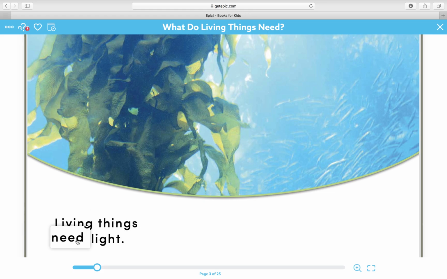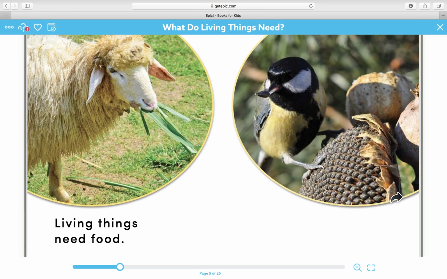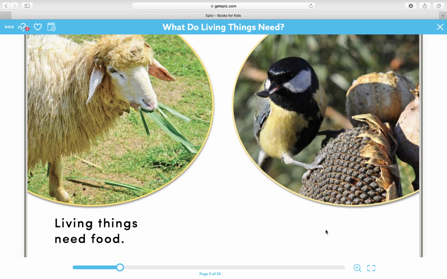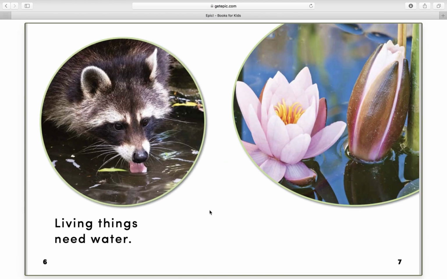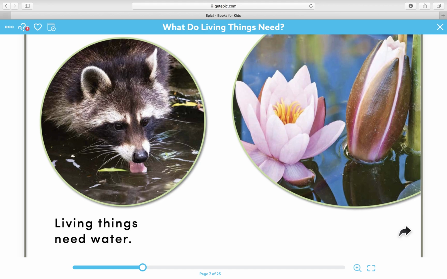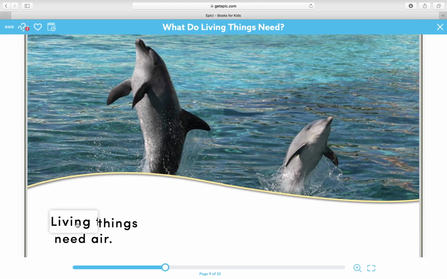Living things need light. Living things need food. Living things need water. Living things need air.